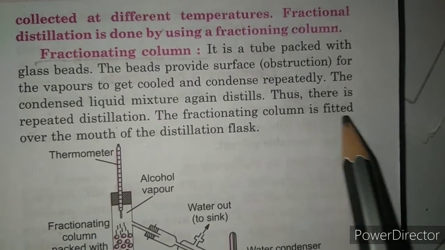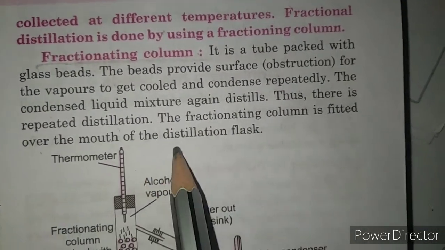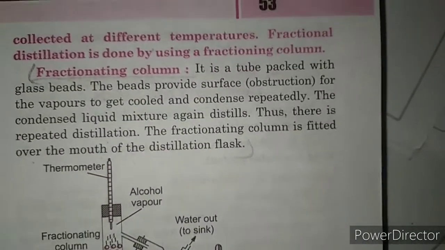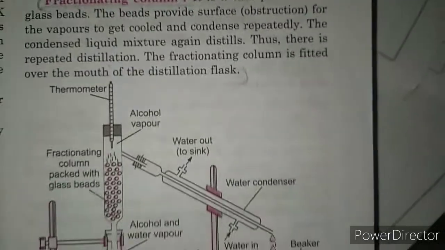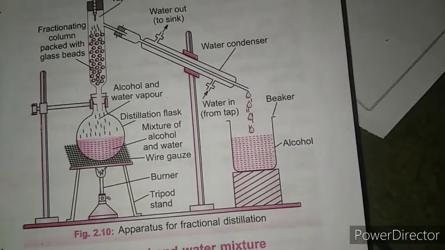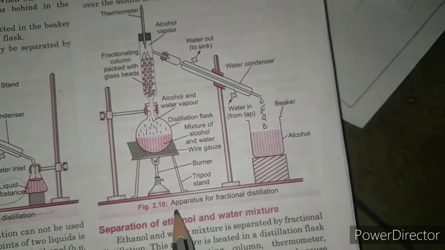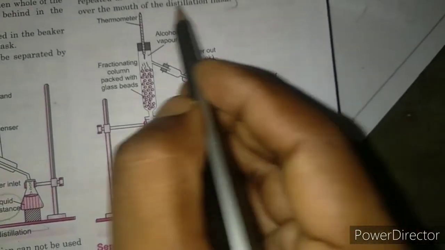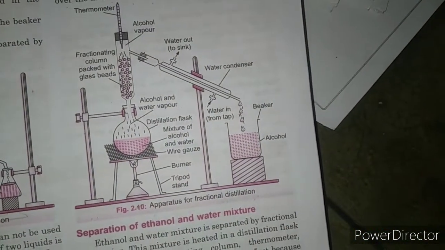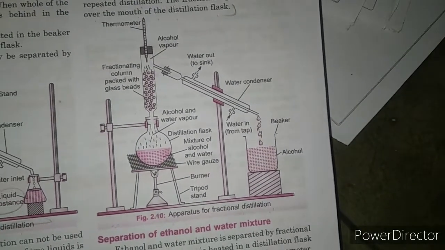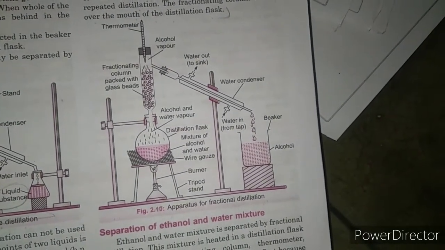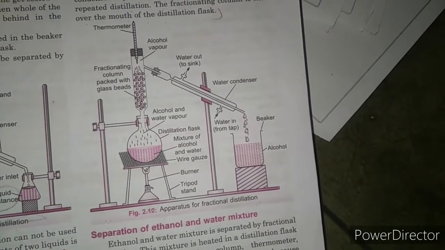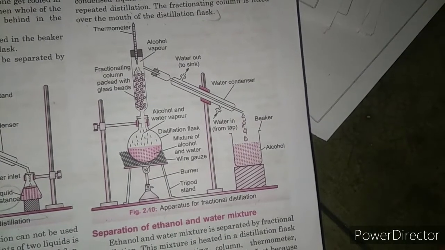The fractionating column is fitted over the mouth of the distillation flask. This is about the fractionating column, and after that you can draw this diagram. Here you will write apparatus for fractional distillation, and after that you will draw this diagram. Okay, clear? So this is the answer of your question relating fractional distillation.